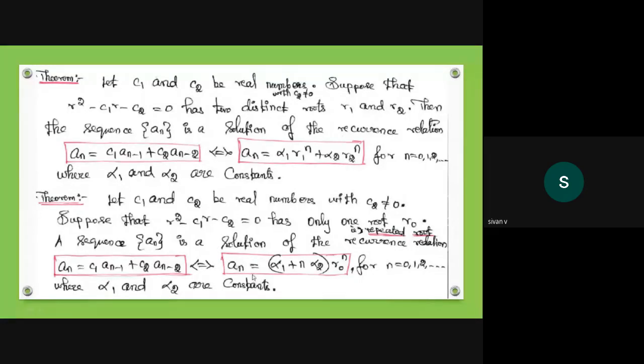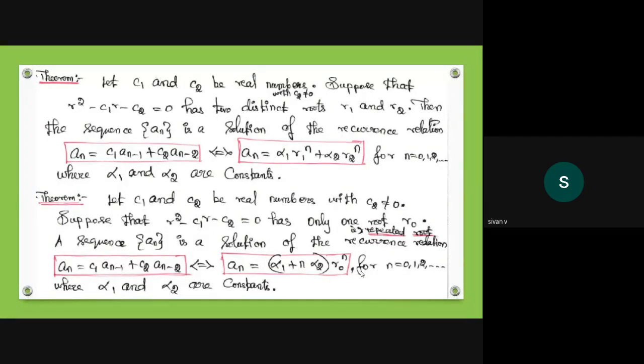An equal to A plus Bx form, which you studied in ordinary differential equations. The same way, alpha 1 plus n times alpha 2 into r naught power n, because r naught is the only root, it is repeated. So, A plus Bx form. Therefore, alpha 1 plus n alpha 2 times r naught power n for n equal to 0, 1, 2, where alpha 1 and alpha 2 are constants.